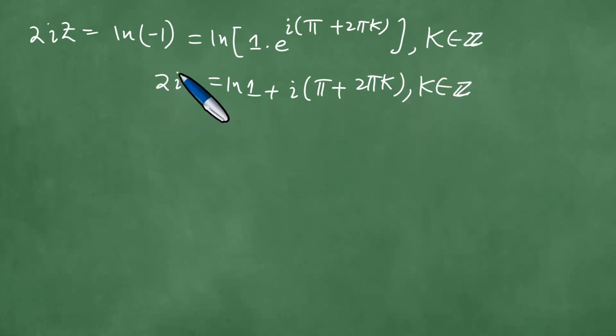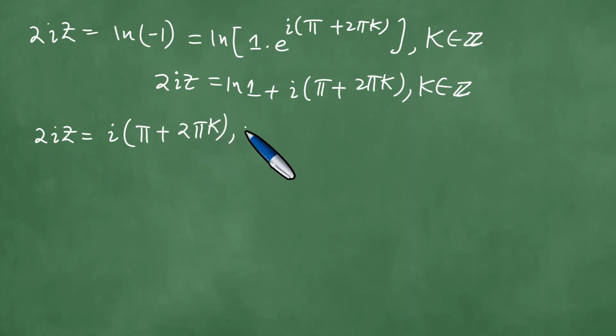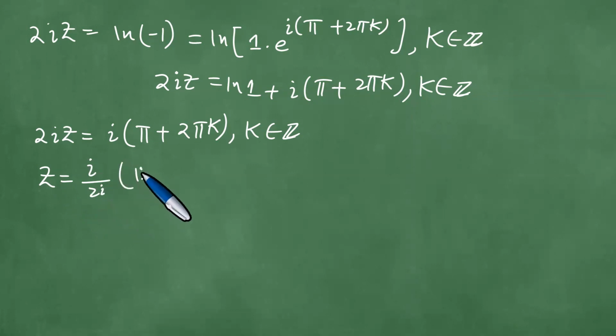So you have 2iz. Right, so now this means 2iz is the natural log of 1, which is 0, and then we have i into pi plus 2 pi k, k an element of the set of integers, meaning z is i divided by 2i into pi plus 2 pi k, where k is an element of the set of integers.